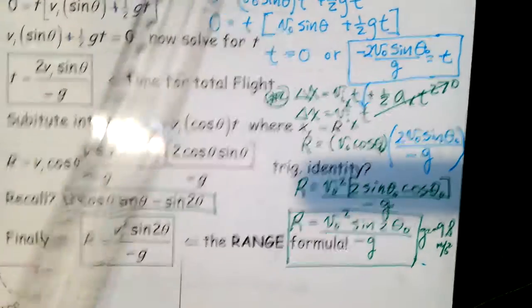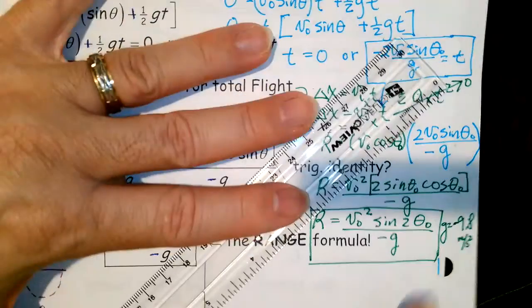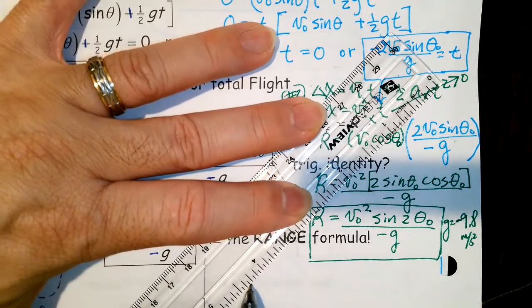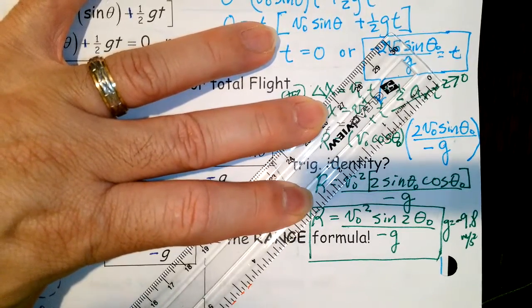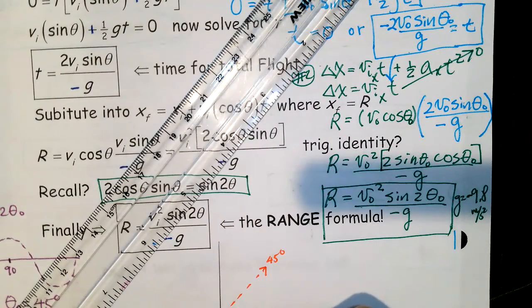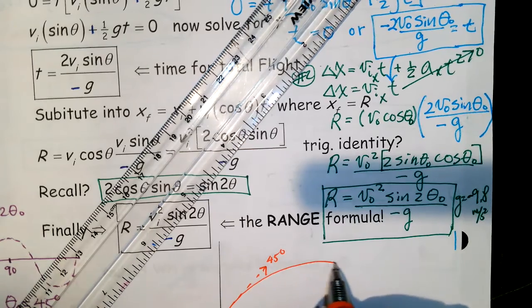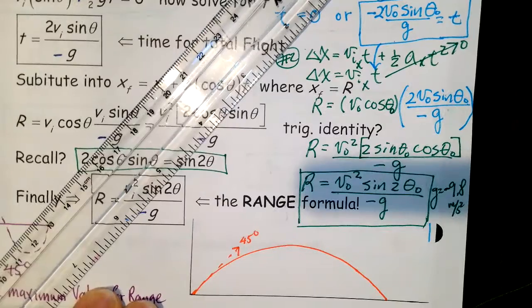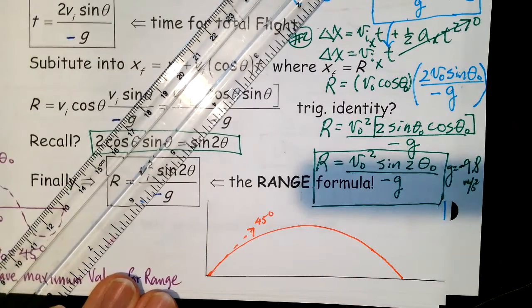So at 45 degrees, you will get the maximum range, right? So your projectile will go the maximum range at 45 degrees.